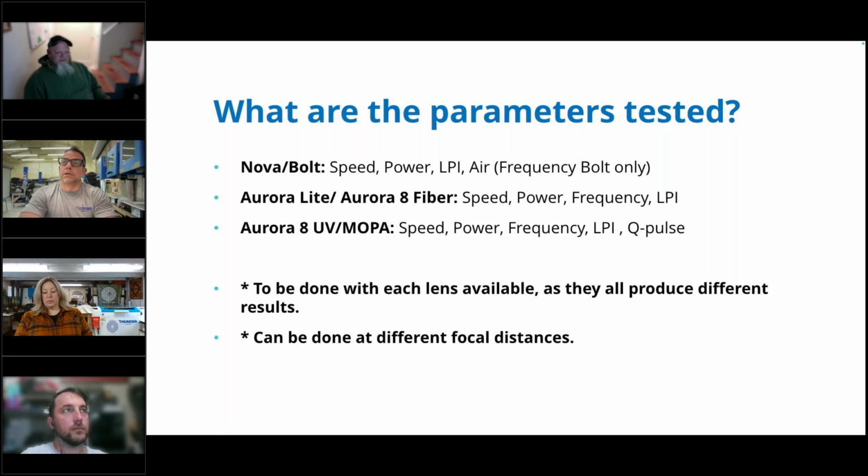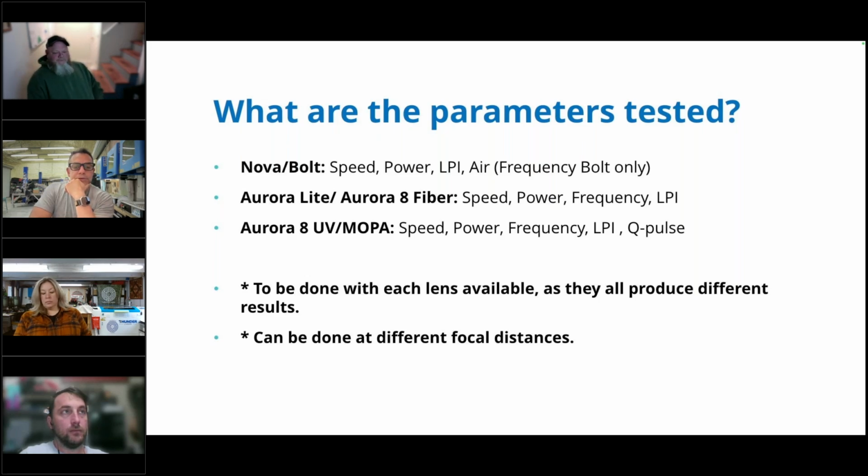So when you're trying to figure out these parameters, I was taught pretty much to keep speed and power generally the same for what we want to test, and then we change the frequency and the Q pulse. Or we change one once we get somewhere close to the settings that we want. We start altering the lines per inch, or testing for lines per inch, to see if we can get a different outcome on the material.